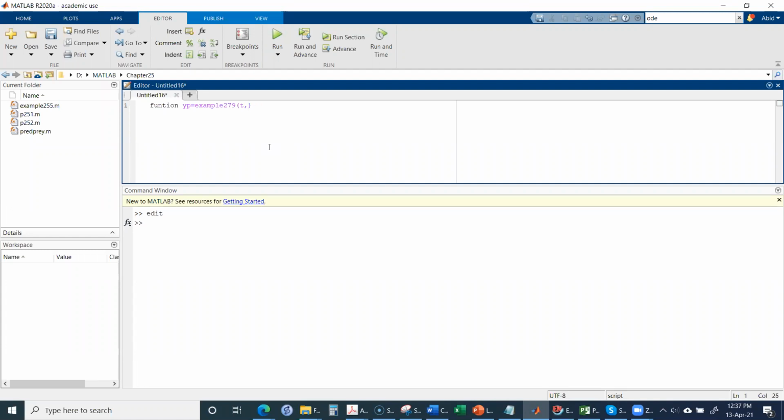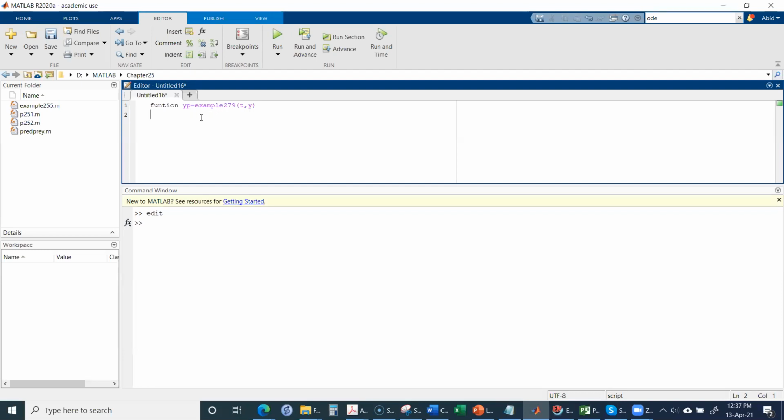We will just represent x and y both as y. So in this case, x will be replaced by y parenthesis 1 and y will be replaced by y parenthesis 2. Okay, so let me show you what it means.